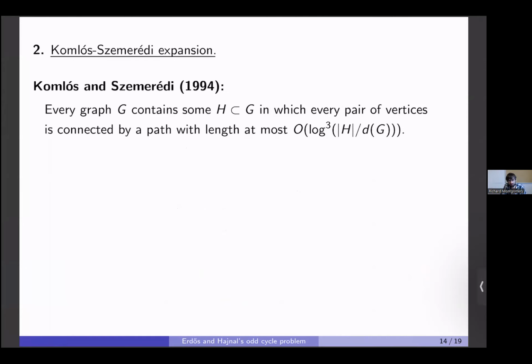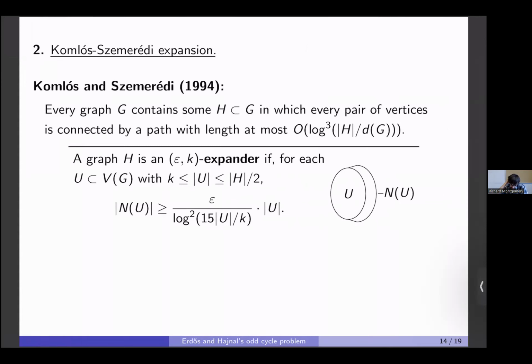This is a sort of corollary of their work, but just to give you an example that this connection property naturally is used in this work, they proved that every graph G contains some subgraph H in which every pair of vertices is connected by a path with length at most, this beautiful thing here, of order log cubed the number of vertices in H, say. Especially if we're looking at sparse graphs G, where, as I say, the important cases are where G is really very small.